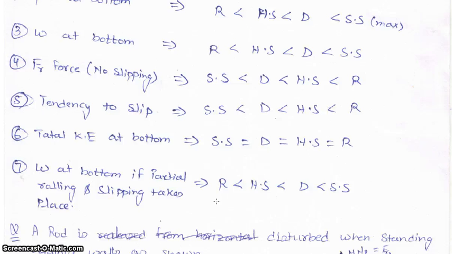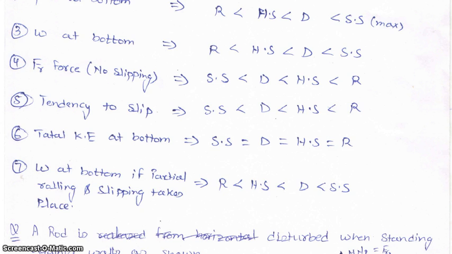So whichever has the least moment of inertia will produce maximum angular acceleration and will have maximum angular velocity, which is the solid sphere. HS means hollow sphere, R means ring, and D means disk.